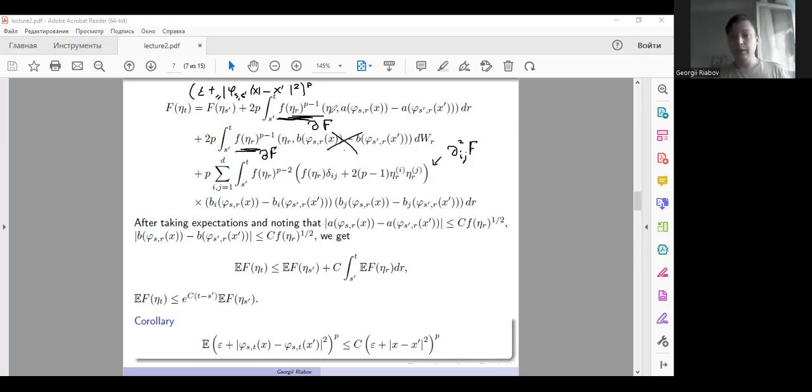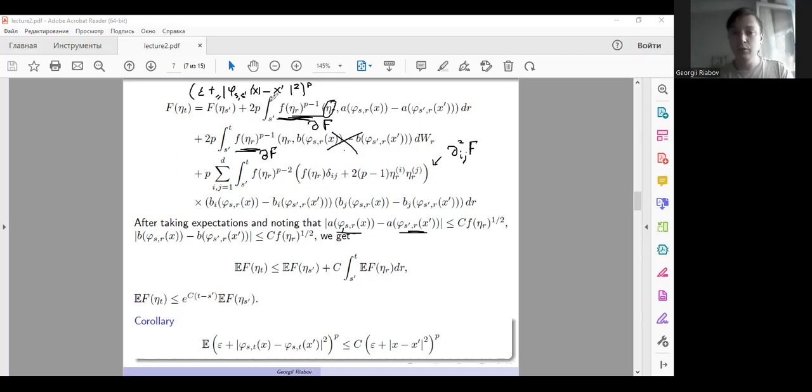So this eta is bounded by f of eta in the power 1/2. Note that by the Lipschitz property, the increment of a is bounded by a constant times eta, which is less than a constant times f of eta to the power 1/2.